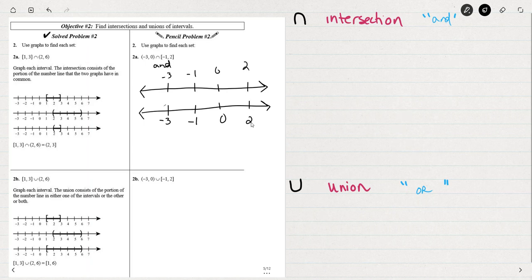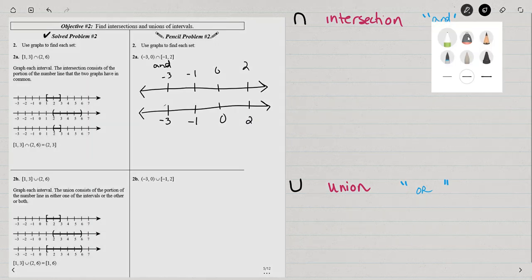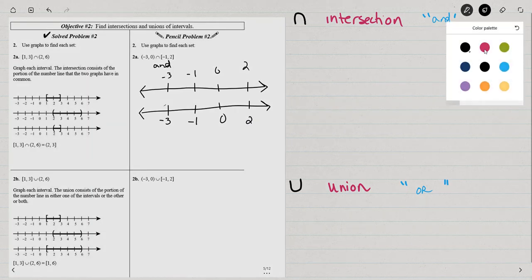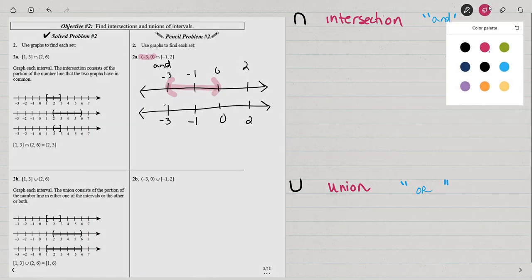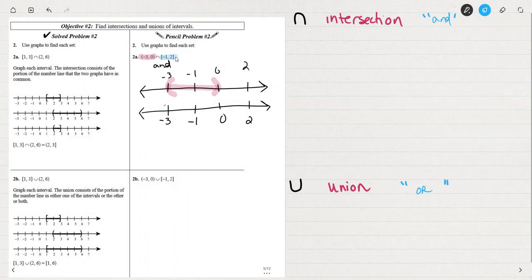You see how I've done that? I'm going to start with the -3 to 0. -3 to 0 would start at -3 and end at 0. The -1 to 2 includes -1 and goes up to 2.